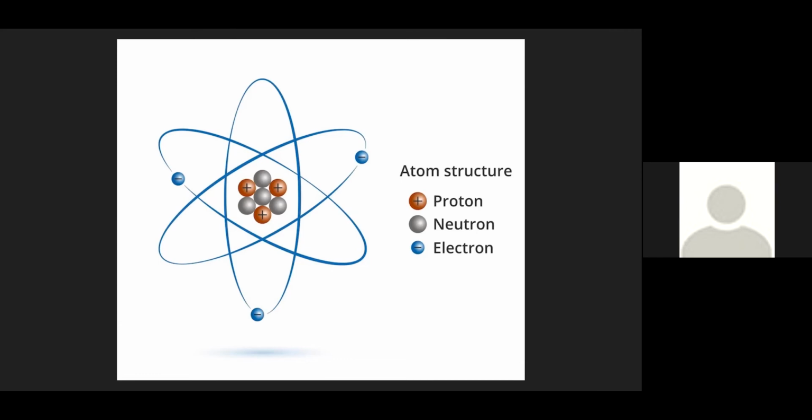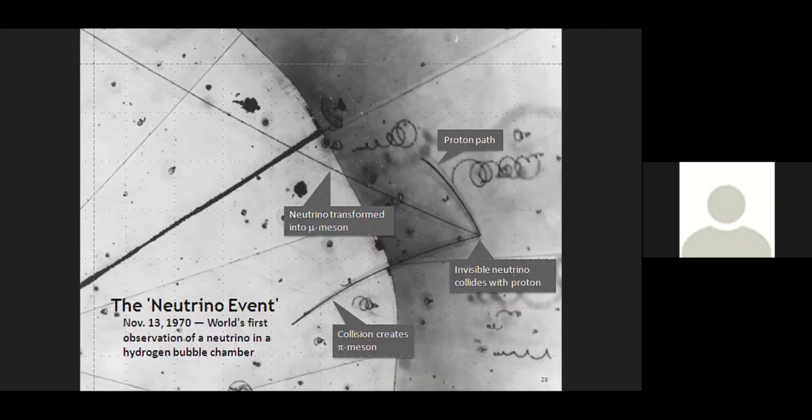So the question is, do we know any particles that actually fit the bill? And the surprising answer is, yes, we do. Right back in 1970, a very good candidate for dark matter was discovered, the neutrino. It's an almost massless particle that travels almost at the speed of light. It has no charge, so it will be invisible.